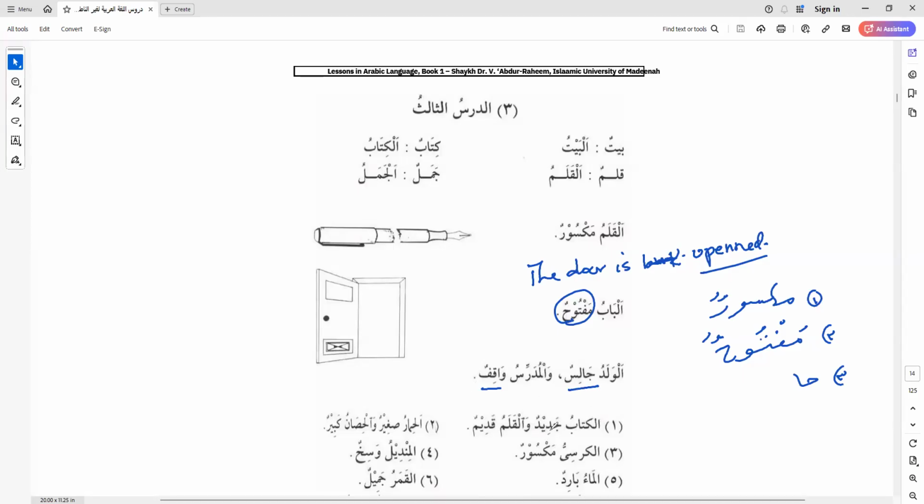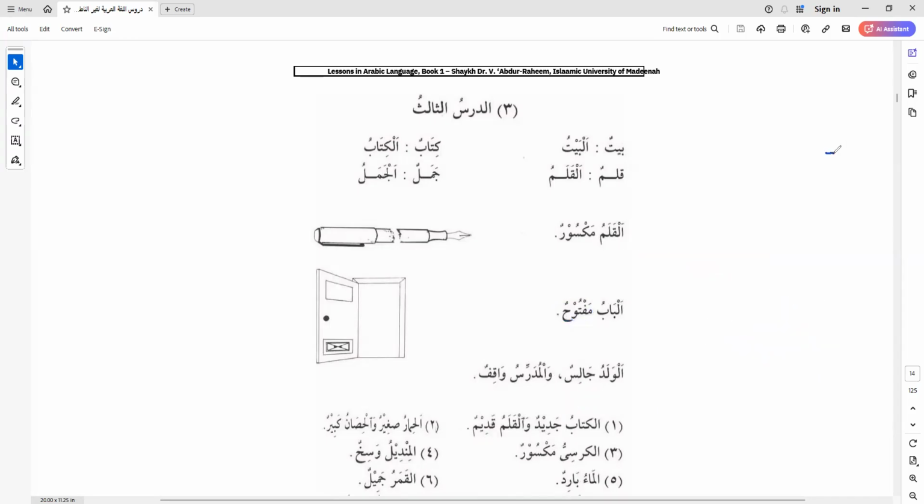Al-kitabu jadidun. The book is new. Jadid, new. When we say something is jadid in Arabic, we say it's new. Al-kitabu jadidun. The book is new. Wal-qalamu qadimun. The qalam is old. Now, let's look at the word qadimun.